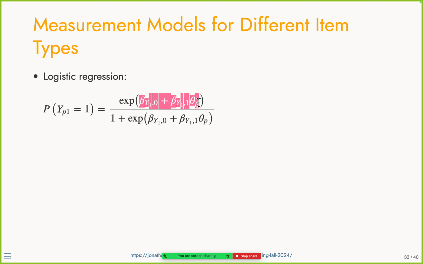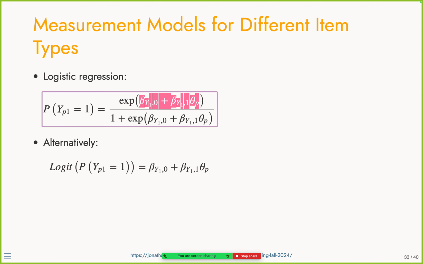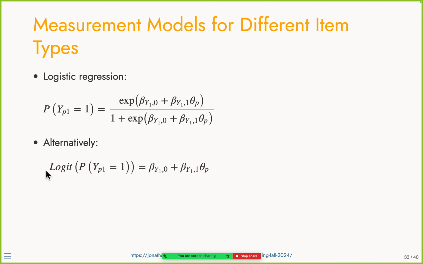But in the core of this, actually, this is what I like better. The link function is the logit. The logit is the natural log of the odds of a 1. So if you knew what the probability of a 1 was, the logit would be ln of probability over 1 minus probability.